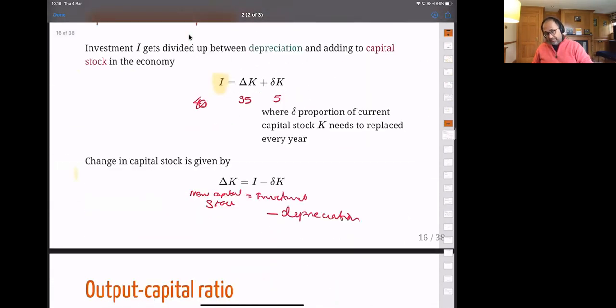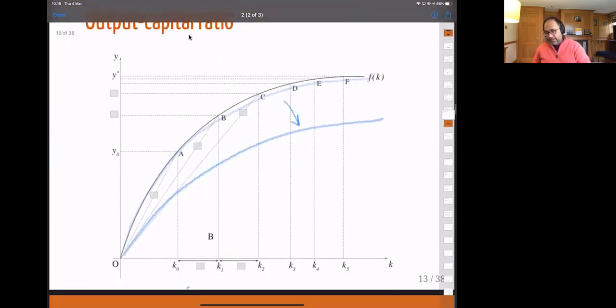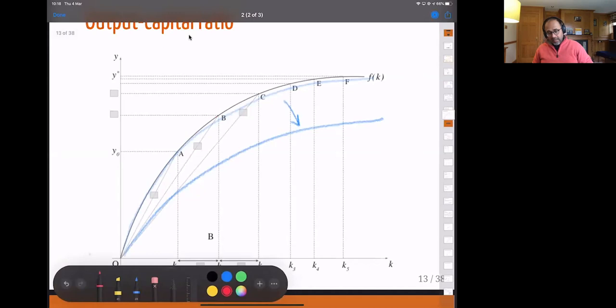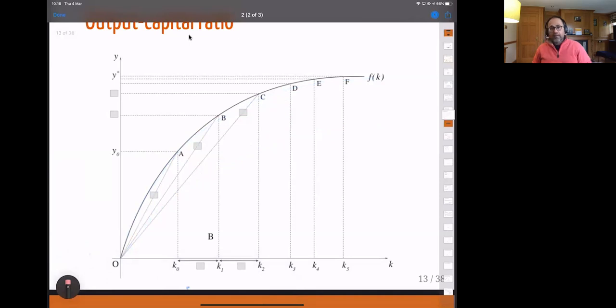We know this from this diagram. From this diagram, what we had learned is that if you have this shape, then the line that connects the origin to the particular point, the slope of this line, gives you the Y by K. As you add more capital stock, the Y by K decreases.